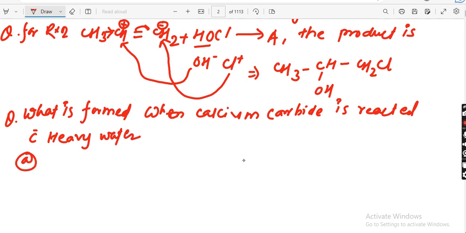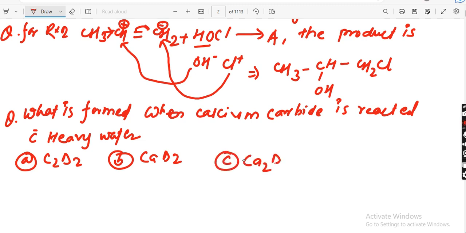Option A is C2D2, B is CaD2, option C is Ca2D2, and D is CD2.